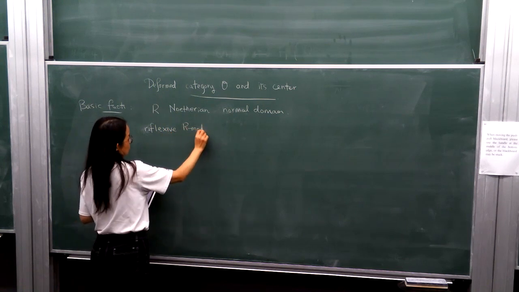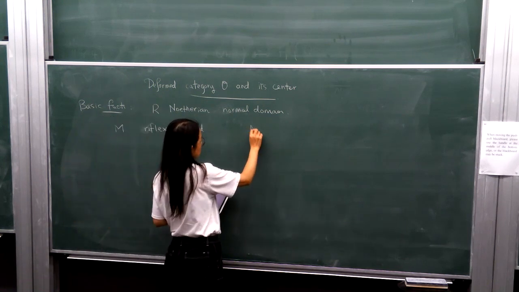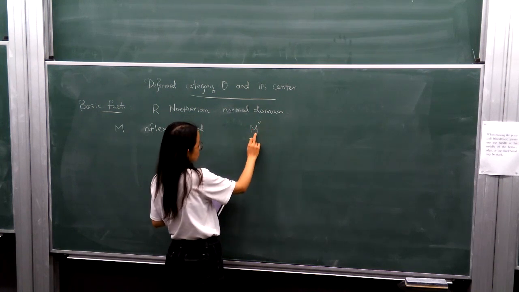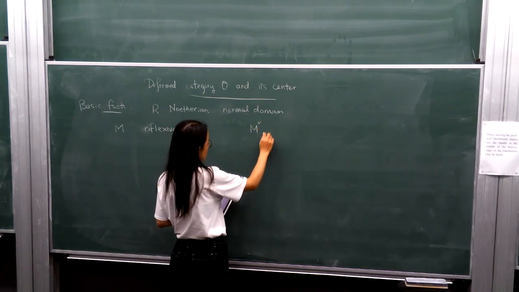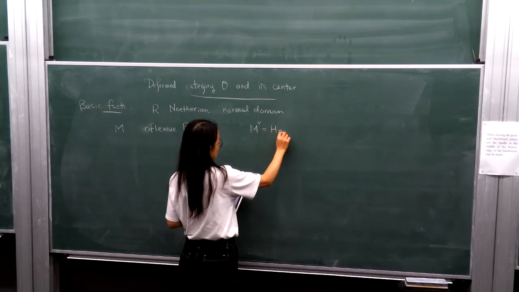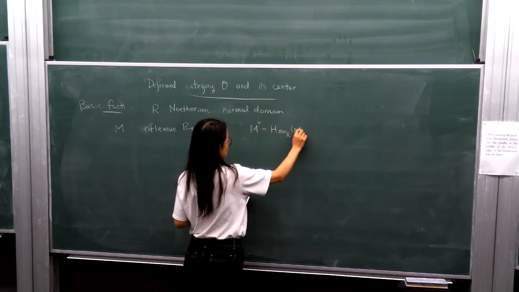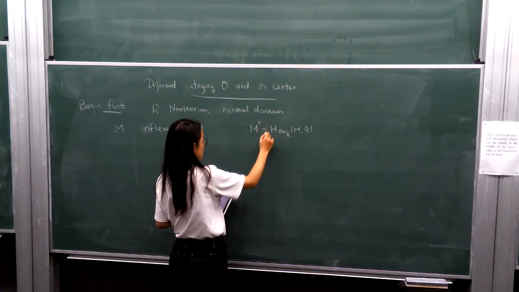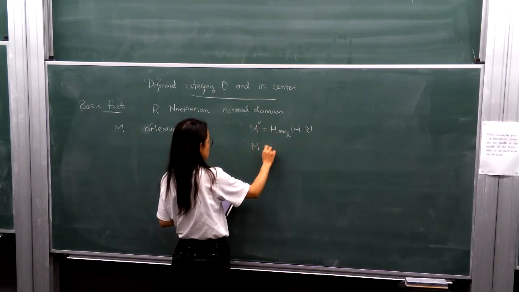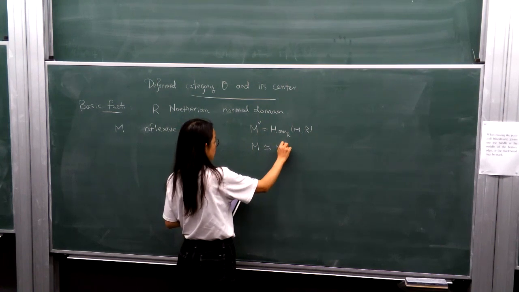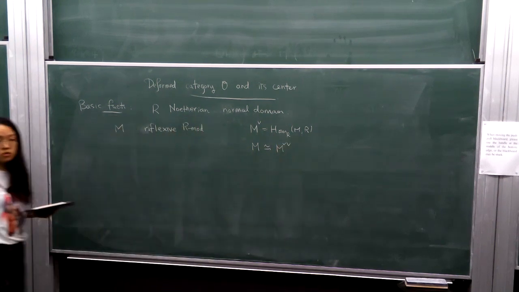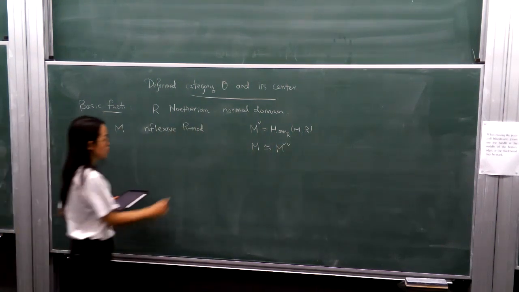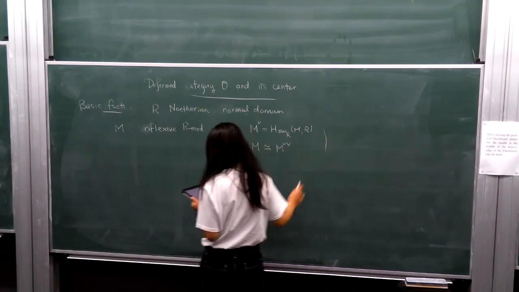That means if you take the dual of M with respect to R, where the check means you take Hom into R, then reflexive means M is naturally isomorphic to its double dual.